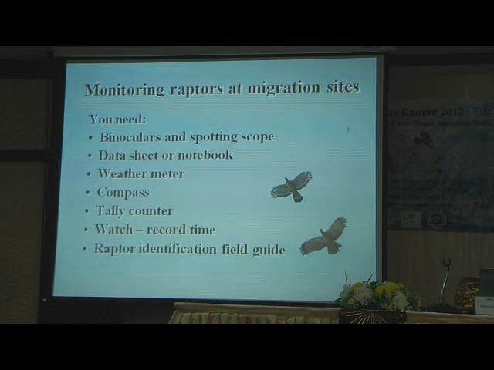And of course you want to count them, and watch the time. What time of the day do they pass? When is the peak time of migration for the day? And last but not least, a raptor identification field guide.